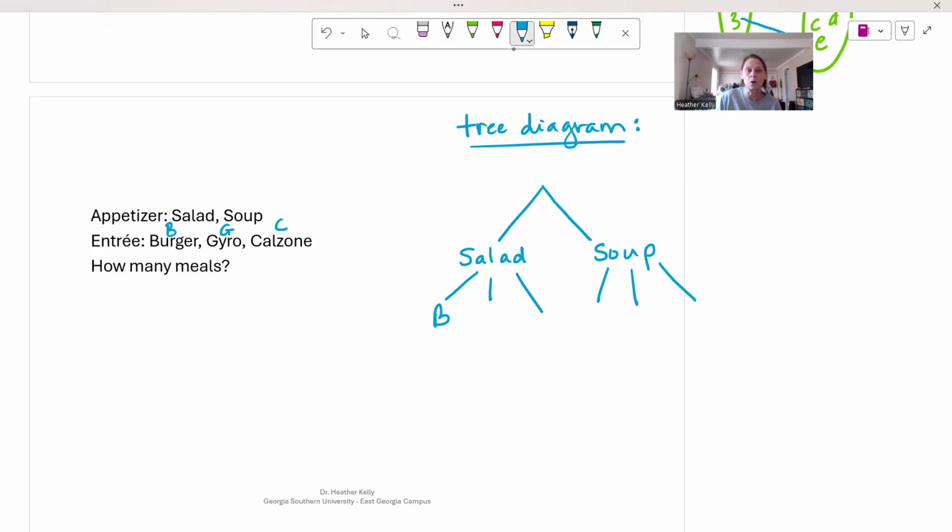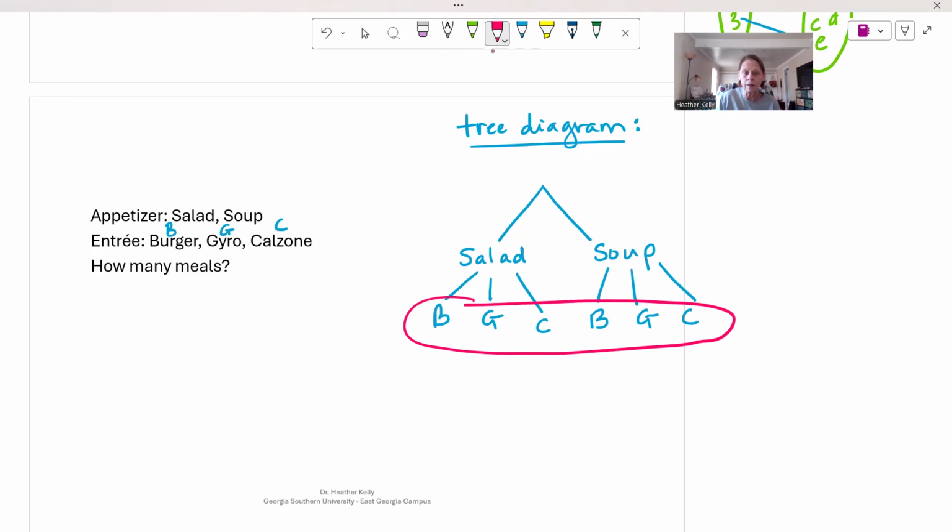So we got burger, gyro, calzone, burger, gyro, calzone. Now, the cool thing about the tree diagram is the last branch of the tree diagram indicates the total number of choices.